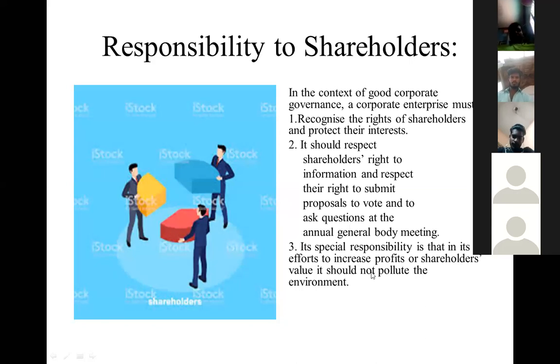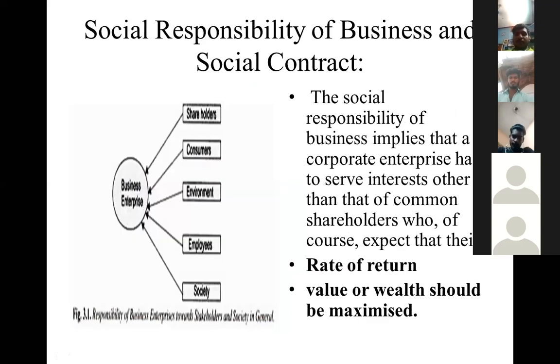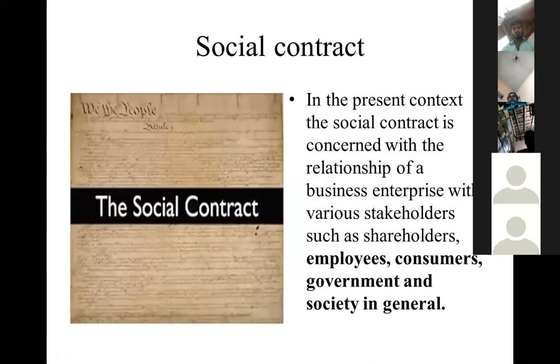Okay, next one is responsibility to consumers. In the second diagram, if you can see this one, the first one is shareholders, as I have already explained to you. Coming to the second one, consumers. How should the business handle its responsibility towards the consumers?